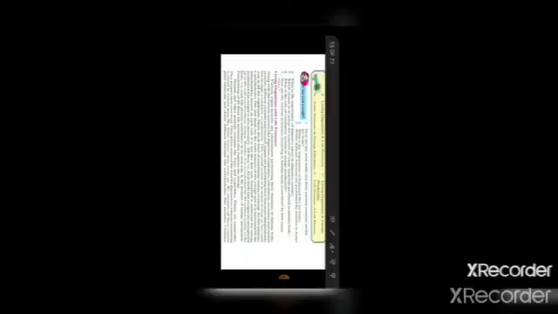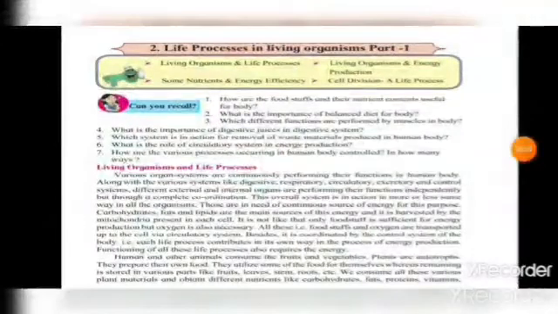How are the foodstuffs and their nutrient contents useful for the body? The foodstuffs are digested and converted into soluble nutrients. These nutrients are carried by blood to every cell of the body. The oxygen inhaled at the time of respiration is also carried to every cell in the body.